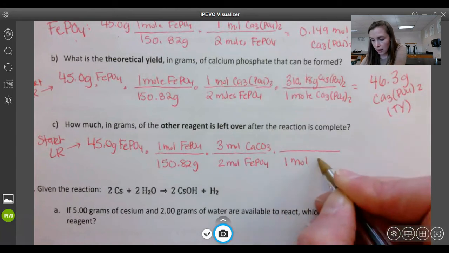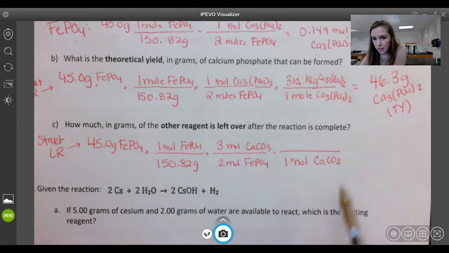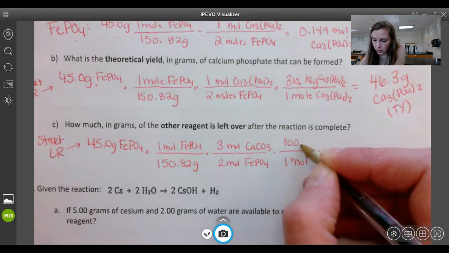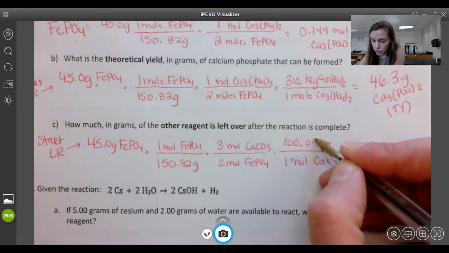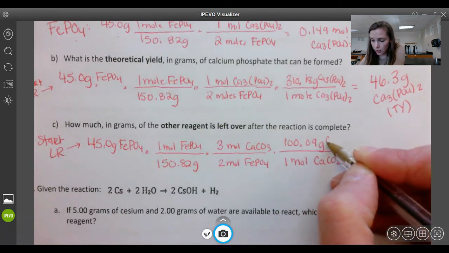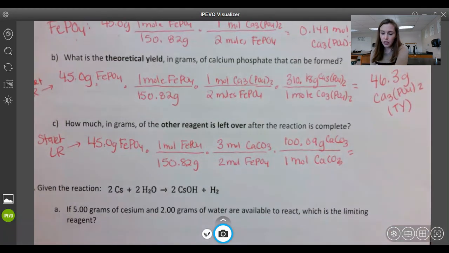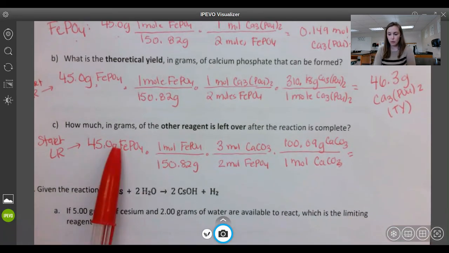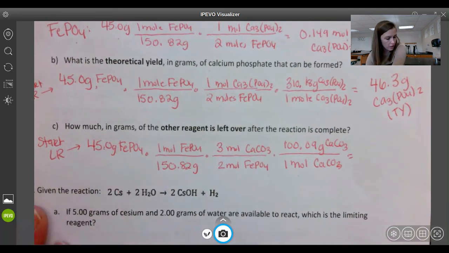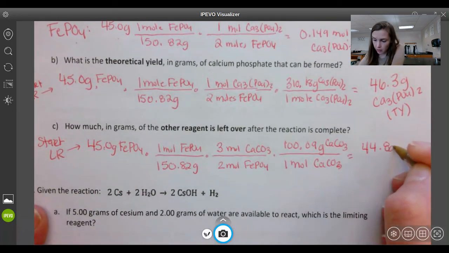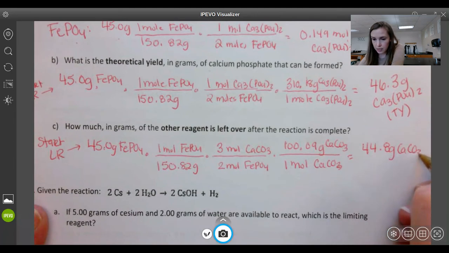So I'm going to use the molar mass, so I have to make sure I'm filling this in as 1 mole, and that's equivalent to its molar mass, which we calculated up in letter A, which is 100.09 grams of our CaCO3. All right, when you go and plug that all in, and keeping with the 3 sig figs that we started with here, I'm going to get an answer of 44.8 grams of CaCO3.